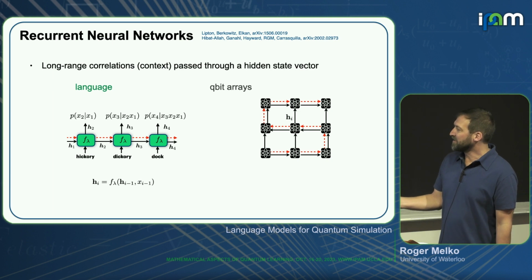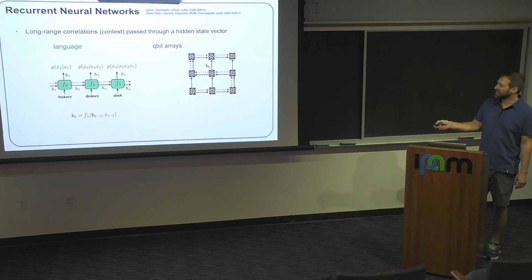Every time that I take a hidden state, I consume the previous hidden state and the sampled qubit state, and it goes through this nonlinear function. And so you have many, many of these nonlinear transformations. If I want to encode entanglement between this qubit and this qubit, somehow I'm also taking all of the hidden states that I've passed through this part of the sequence and performing these nonlinear transformations on it.